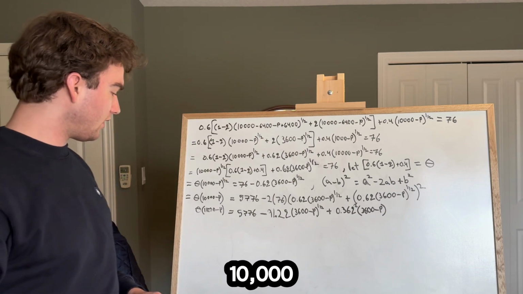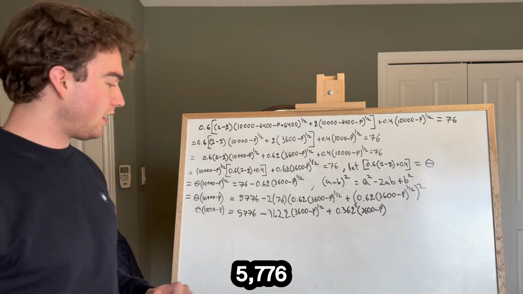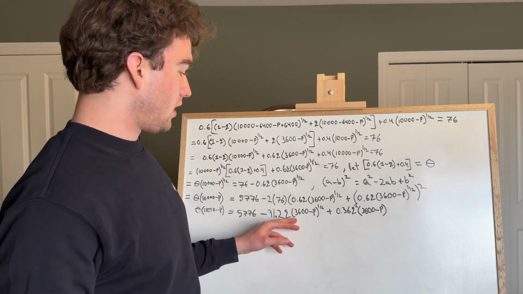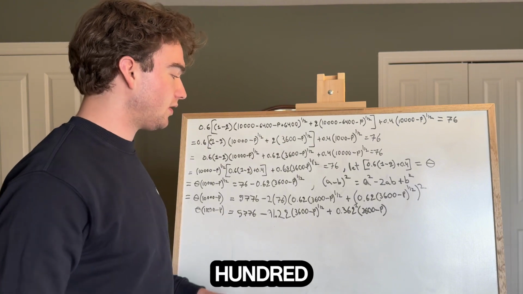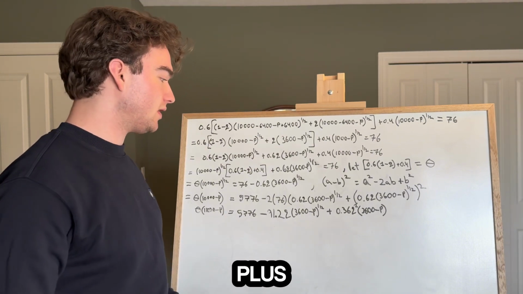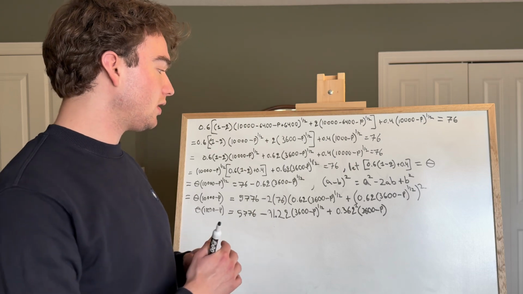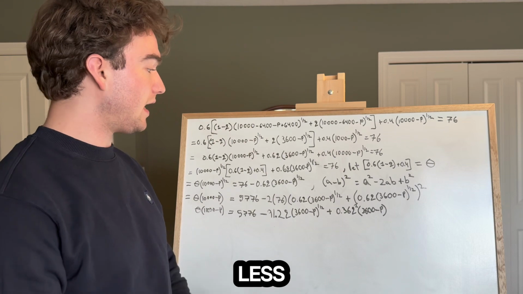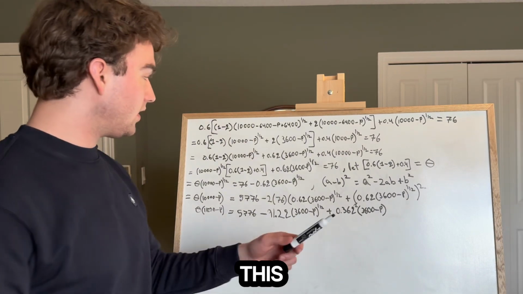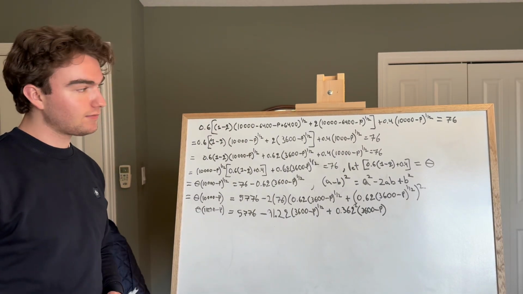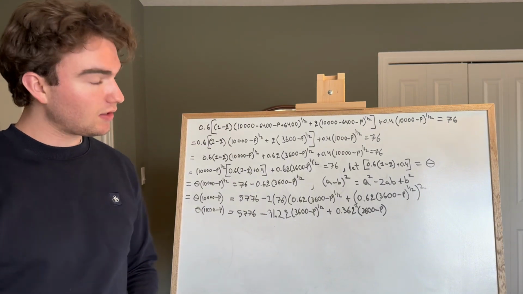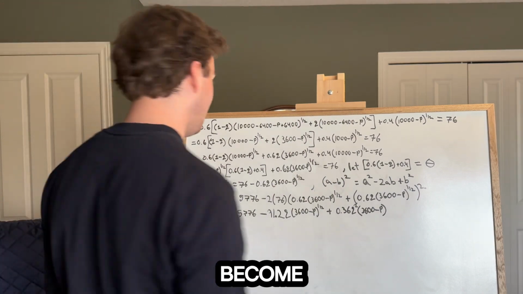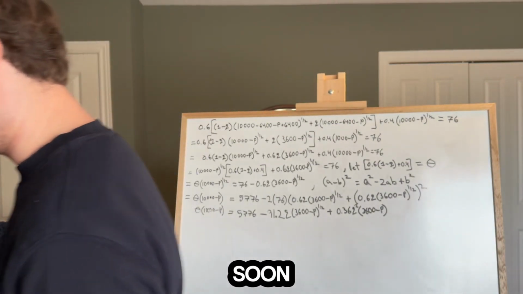Theta times 10,000 less P equals 5,776 less 91.2 Q times 3,600 less P to the power of 1/2 plus 0.36 Q squared times 3,600 less P. This is going to look quite familiar because it's quadratic, or it's going to become more obvious that it is very soon.